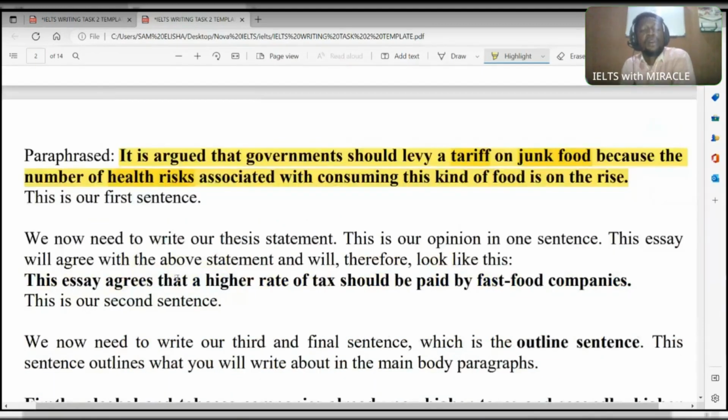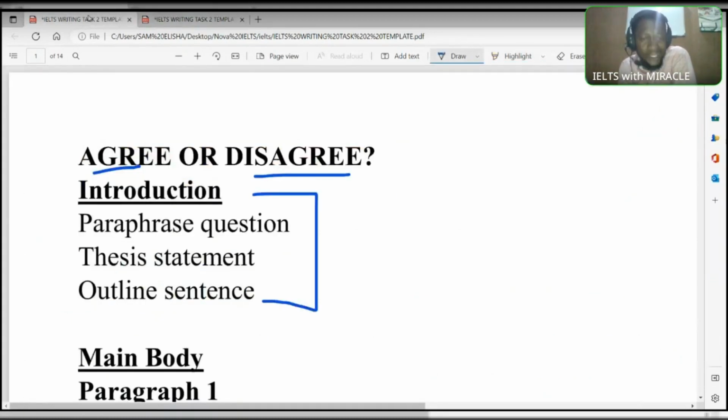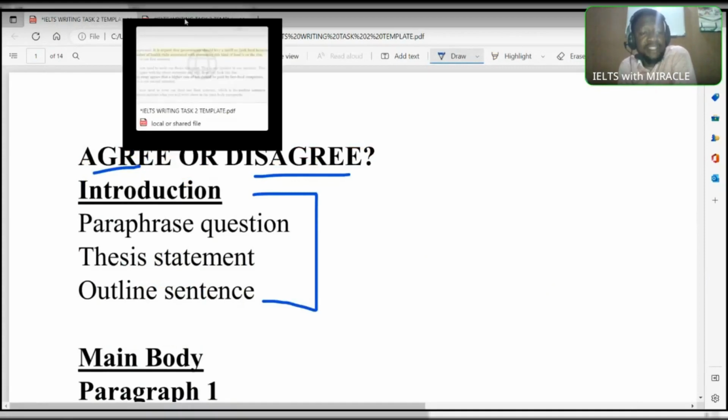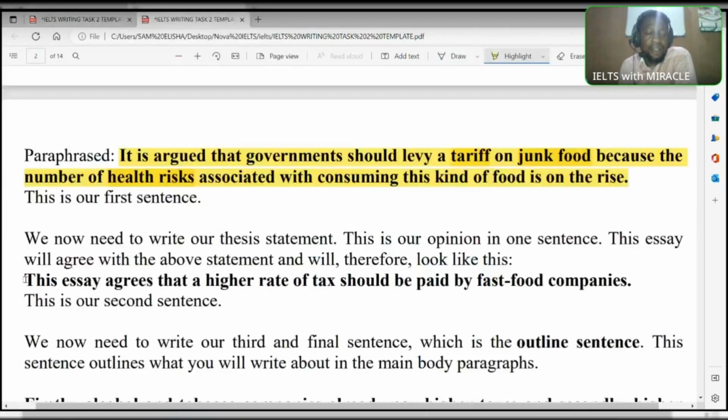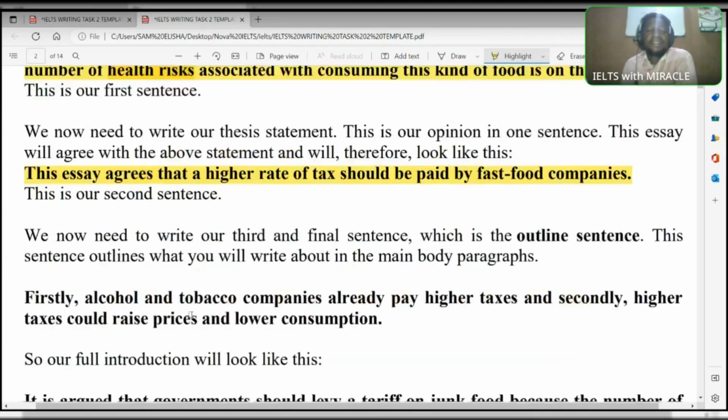Now, what is the next thing to do? Let's look at our formula. The next thing is to have your thesis statement. And here we have it. This essay agrees that a higher rate of tax should be paid by fast food companies.